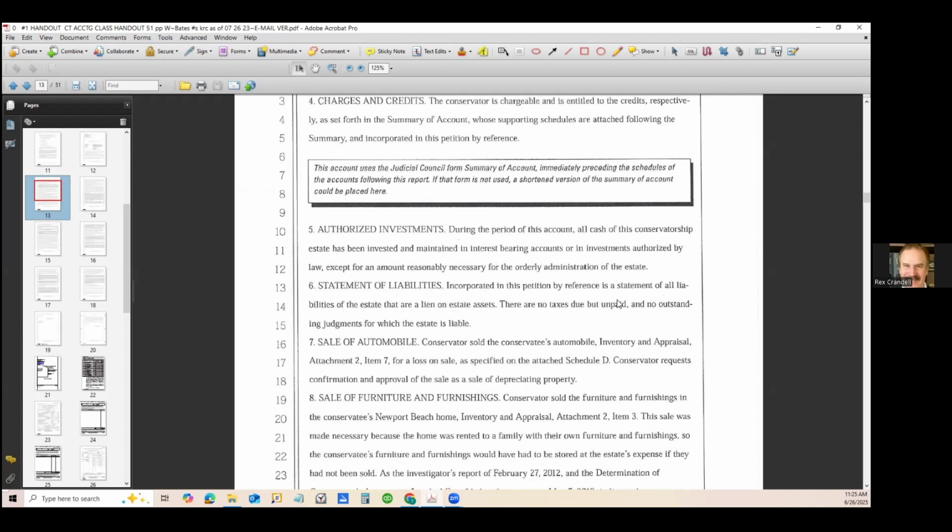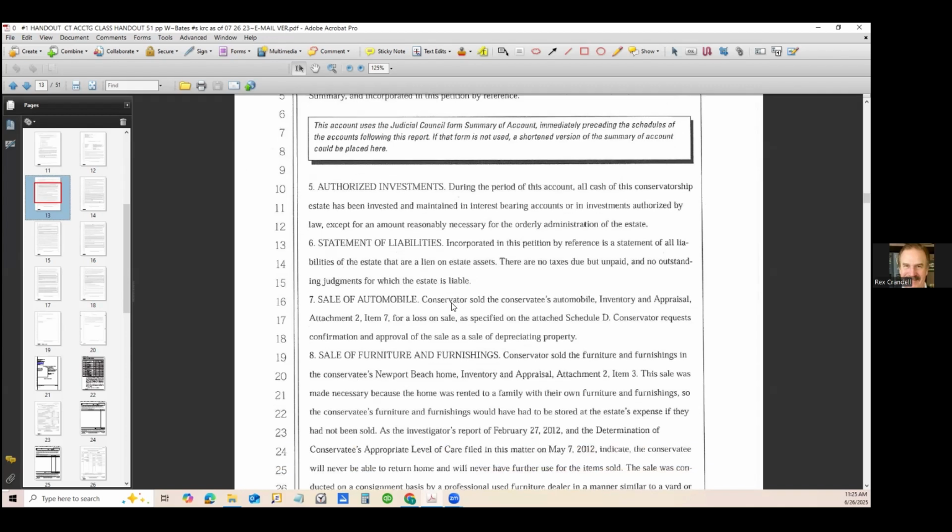But it's pretty much there to answer and make sure there are no judgments against the estate that you know of, no Medicare or Medi-Cal chargebacks, things of that nature. But a lot of times you don't know that in preparing an accounting.